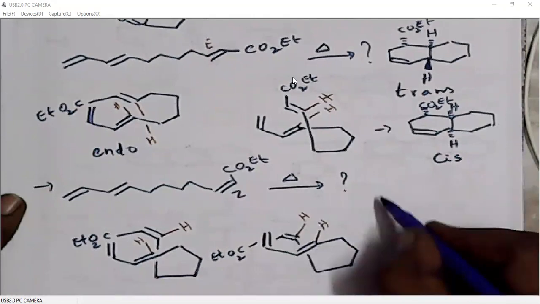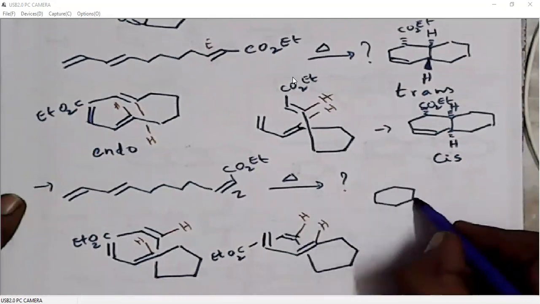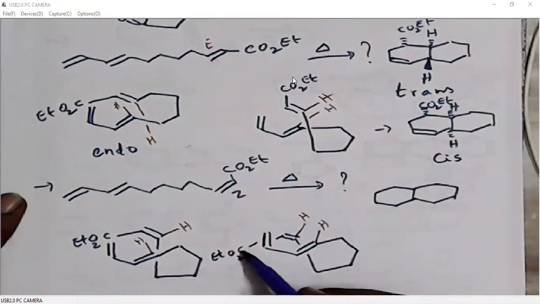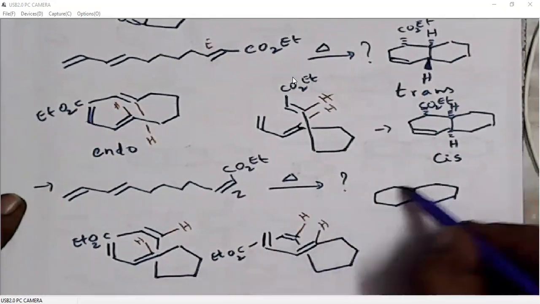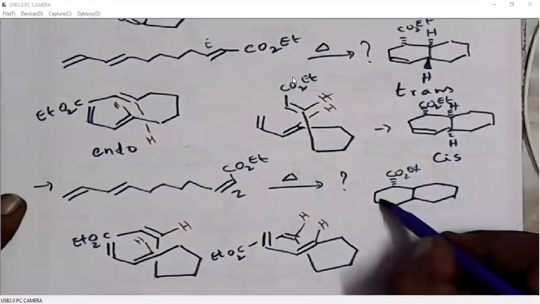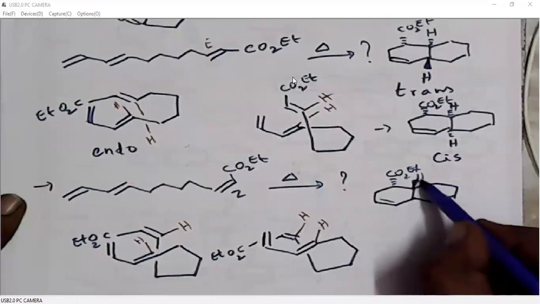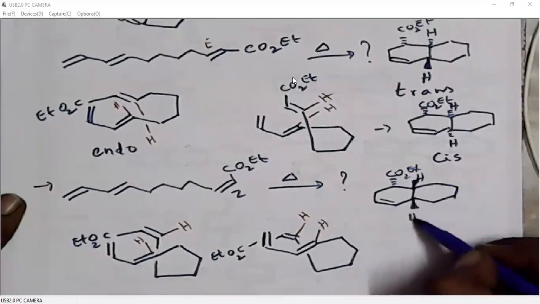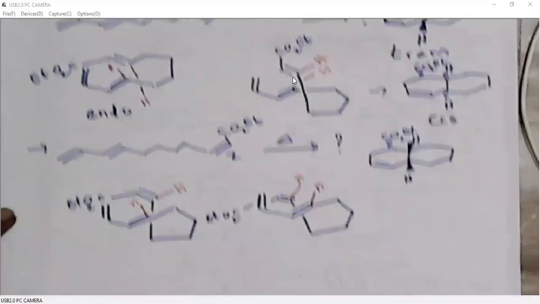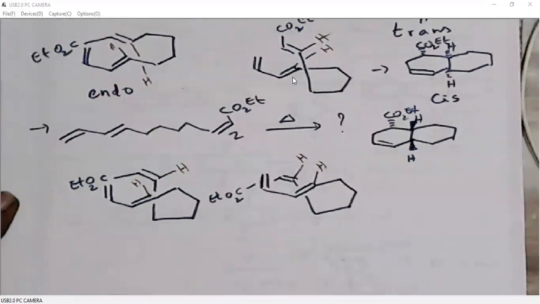These two are the ring fusion. So the ring fusion is cis. Say for example, because it is following the endo rule, if we place this ester CO2 below the plane, then these two hydrogens must be above the plane because these two are trans to this.